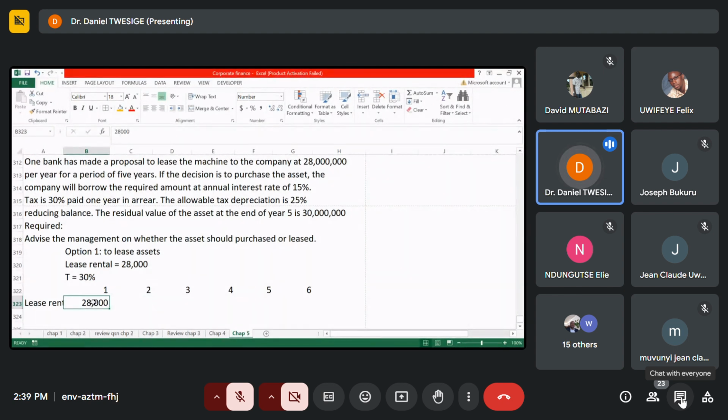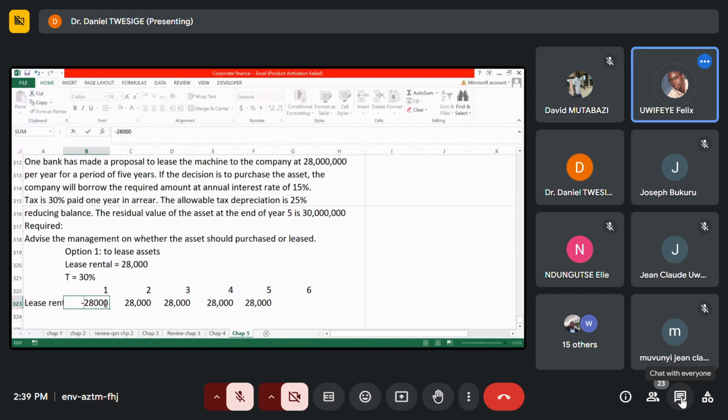But we are assuming we are paying at the end of the year, so it's going to be up to here. It's a payment, so it's a minus, sorry.